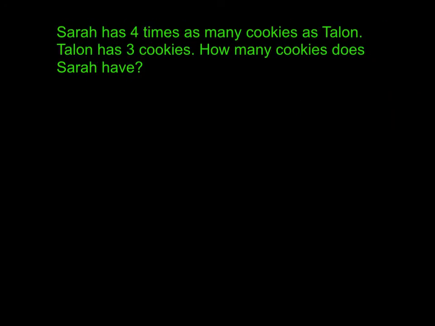On our next example, we have Sarah, who has 4 times as many cookies as Talon. Talon has 3 cookies. How many cookies does Sarah have? So once again, we're going to draw a diagram or a model. And so we have Sarah that has 4 times. So we're going to go Sarah, S-A-R-A-H. Sarah that has 4 times as many.